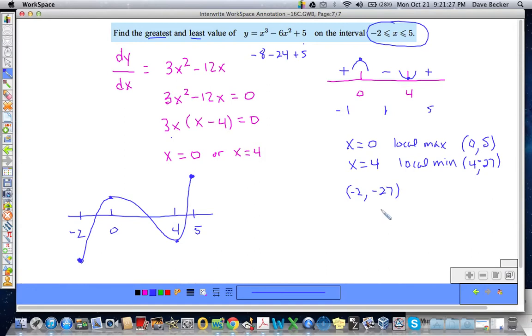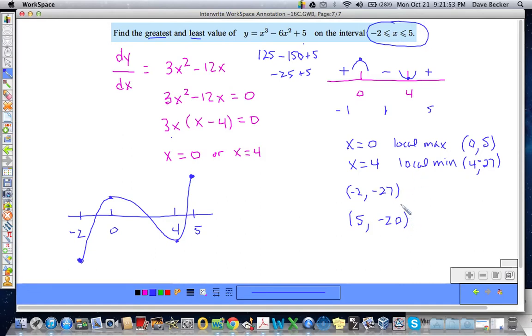Okay, and then what about at 5? 5 cubed is 125. So 125 minus 6 times 25 is 150, minus 150 plus 5. So negative 25 plus 5, that's negative 20, so 5, negative 20.